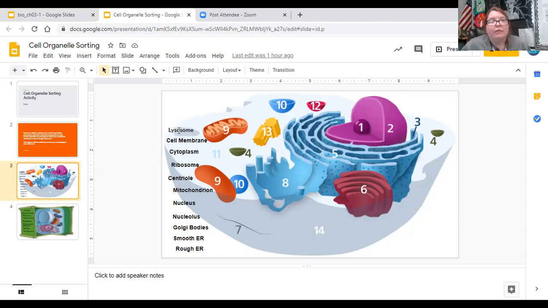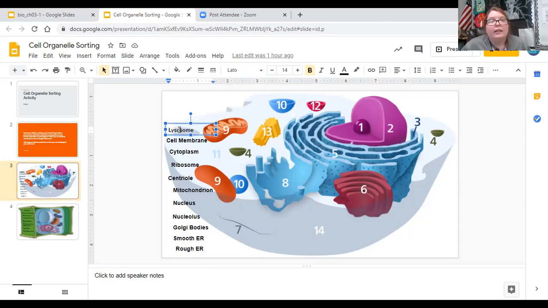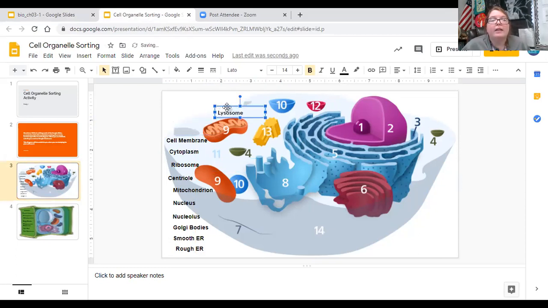So I left clicked and it brought up this box. When I have the little 4-way arrows, I can drag this box. See, I'm dragging it across the screen. So I'm just gonna say that 10, that's a lysosome. That's good for me. So you see, I dragged the label over there and I labeled it.